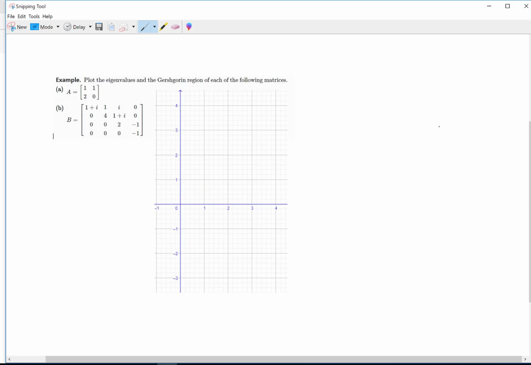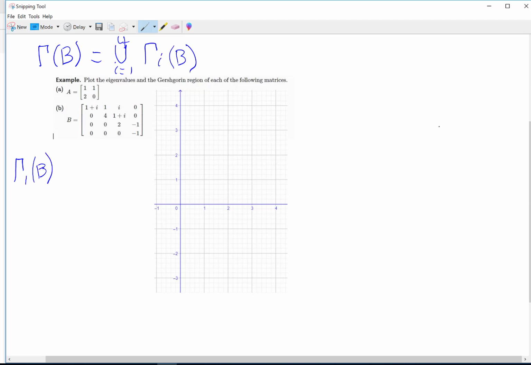For part B, we want to find the Gershgorin region of matrix B. And this is going to be the union of 4 disks because, so we'll say i equals 1 to 4, because n equals 4. There are 4 rows. Each row gives us a disk. And the disks we can write as gamma i of B in this case, matrix B. And so we'll talk about each one. So gamma 1 of B, right?